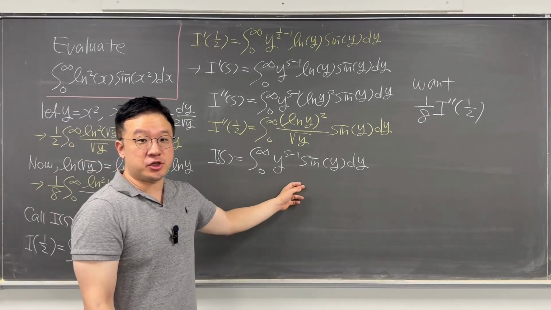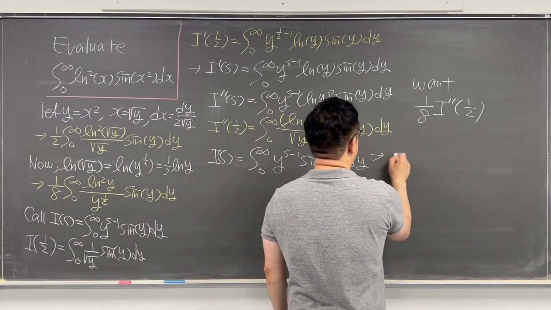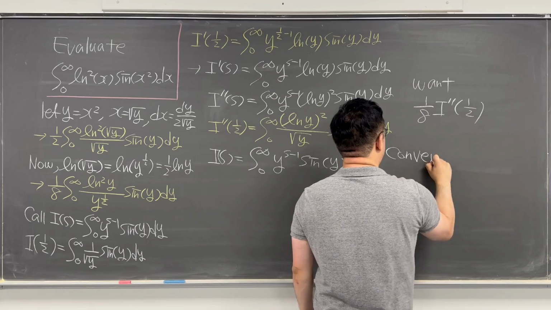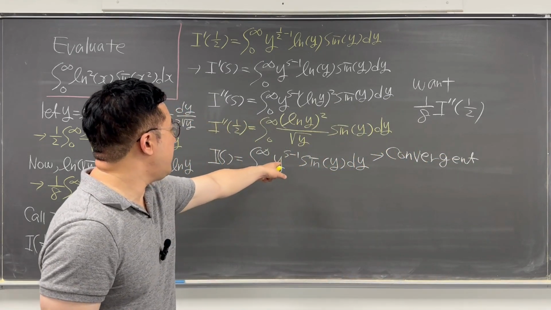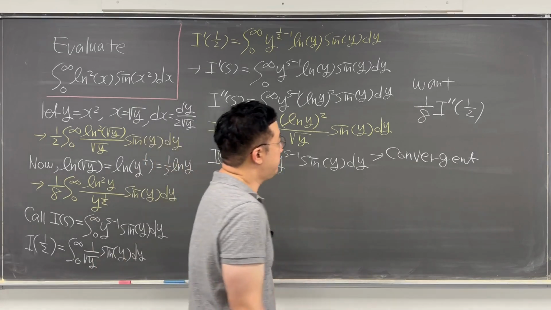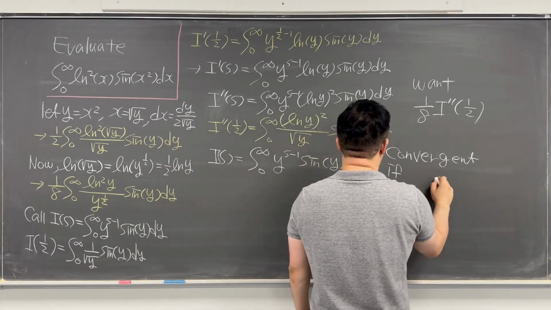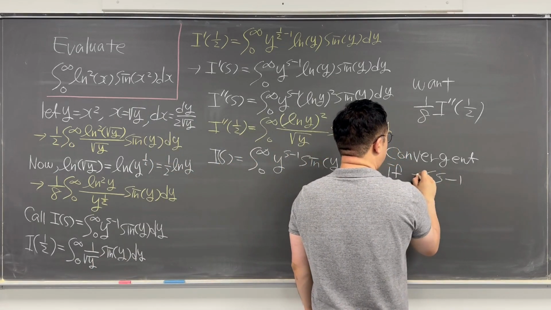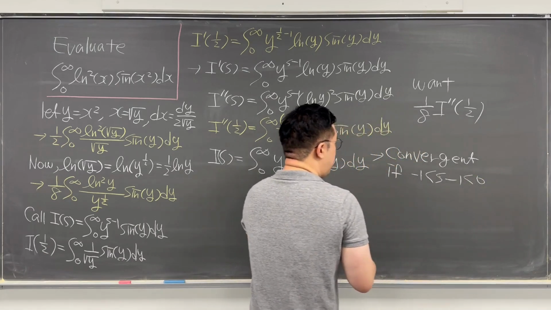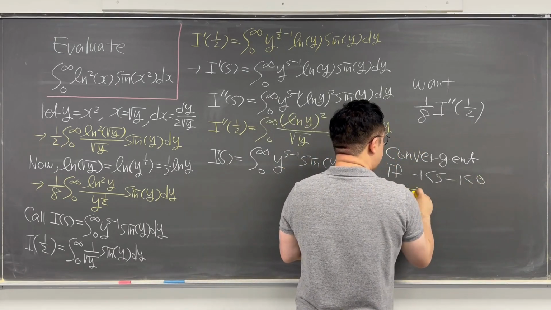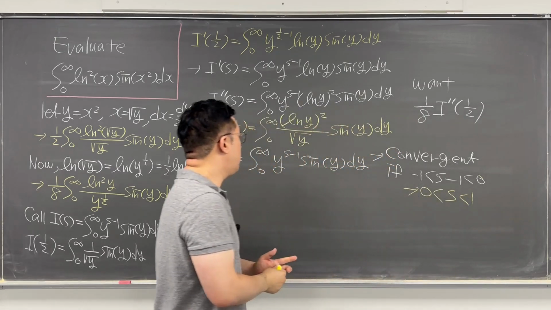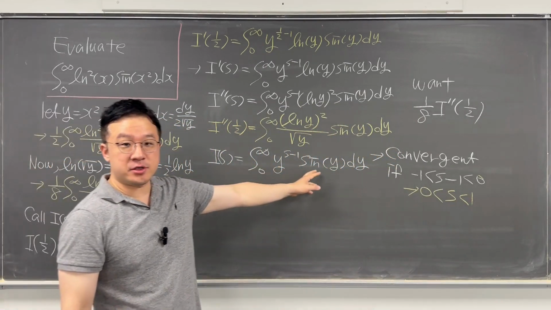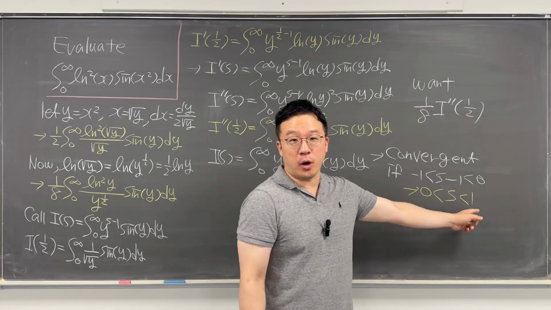This is going to be convergent if this s minus 1 is between negative 1 and 0. So from this, that is the same as s being between 0 and 1. So this integral will be convergent when your s is between 0 and 1.